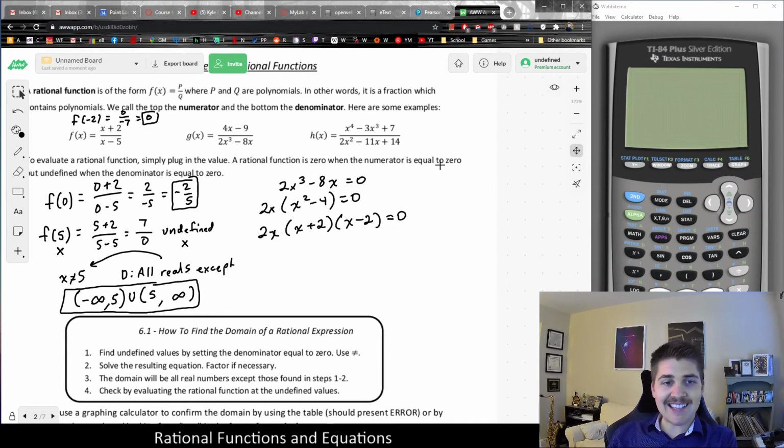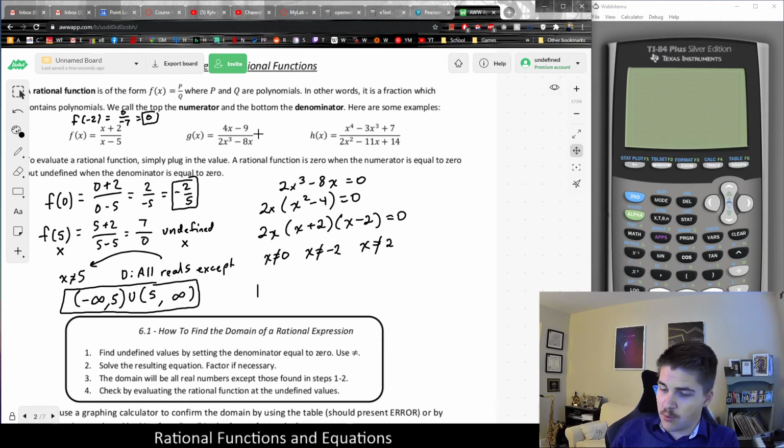I'm going to use x cannot equal, because what we're finding is technically when this equation equals 0, but my conclusion is that x cannot be 0, x cannot be -2, and x cannot be 2, because each of those 3 factors would result in a value of 0, which is undefined. So in this case, we actually have 3 undefined parts to our rational function.